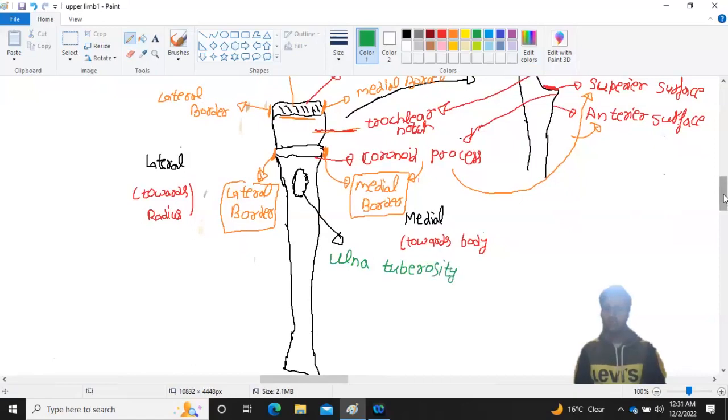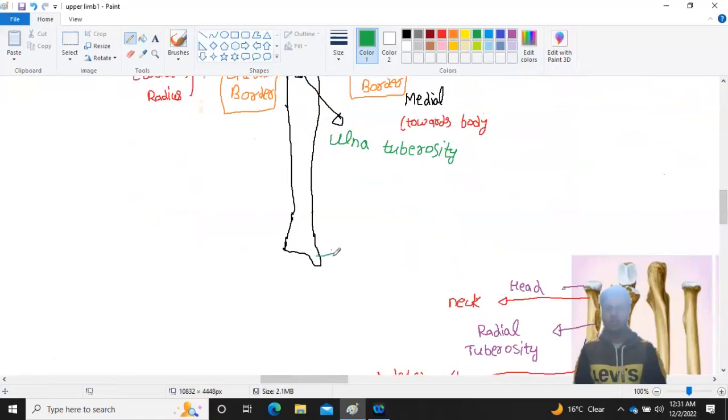Done. And this is called styloid process. Styloid process. Done. This is its marking.